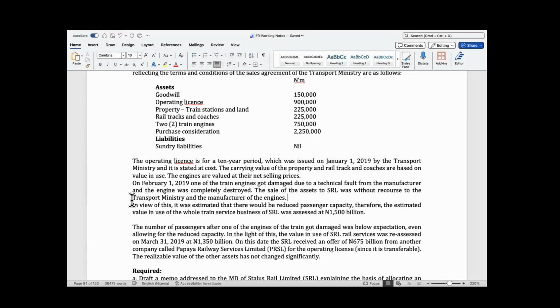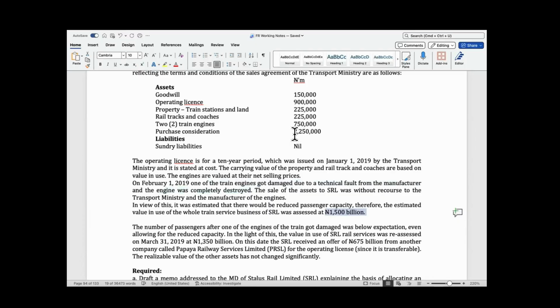Now, in view of this, it was estimated that there would be reduced passenger capacity. Therefore, the estimated value in use of the old train service business of SRL was assessed at 1.5. So because of this damage, they have now reassessed the estimated value in use of the old train service.